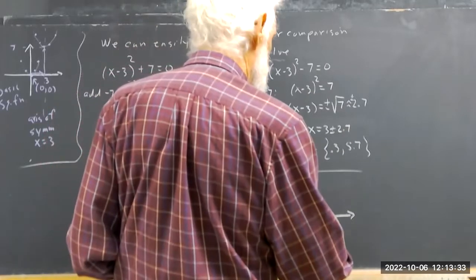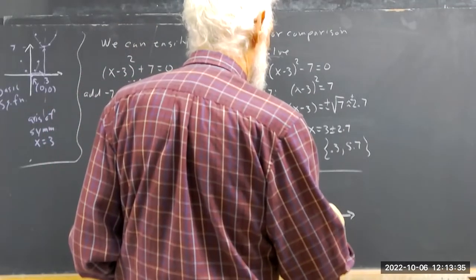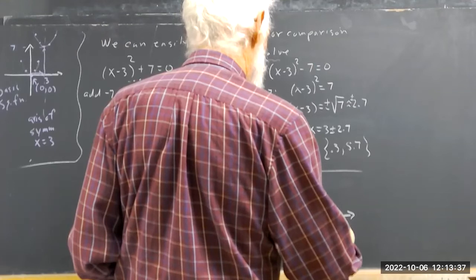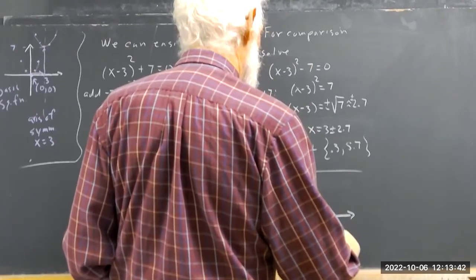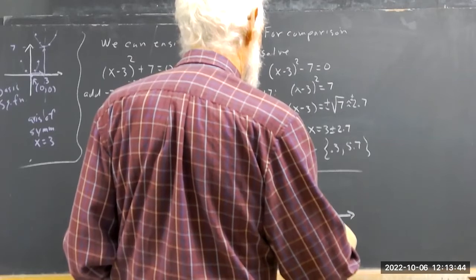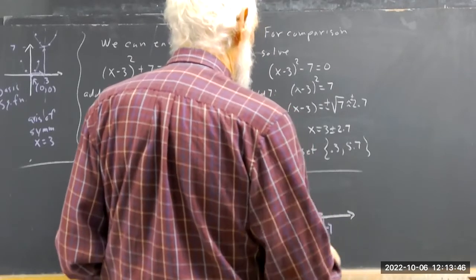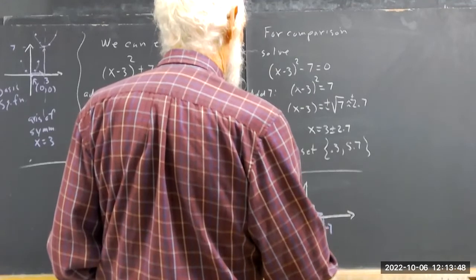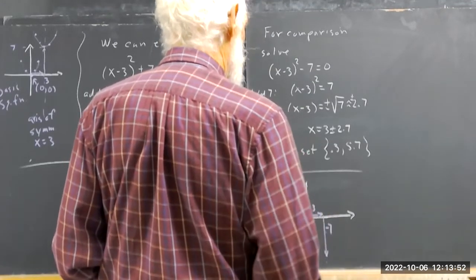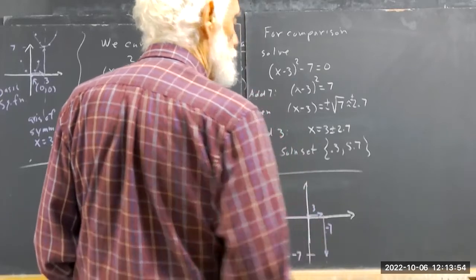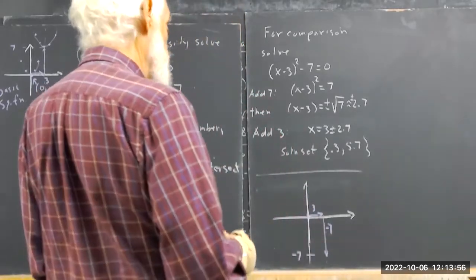So in this case, we shift over 3 and down 7. So our vertex is going to be here. This is the shift of the transformed vertex.